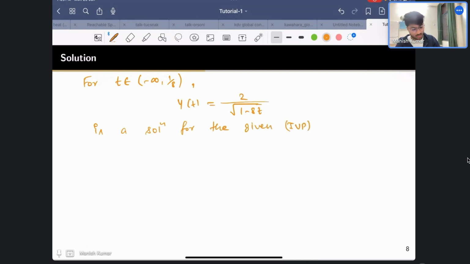Right? So you see this function is defined in this whole interval before 1 by 8, and this will satisfy the differential equation as well, right? So this is the actual solution, where the domain of existence of the solution is minus infinity to 1 by 8.